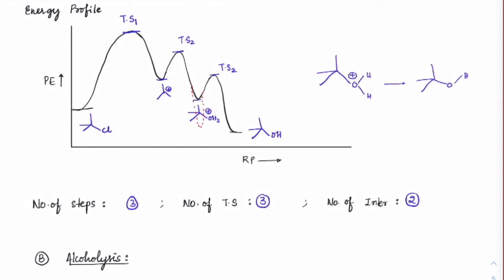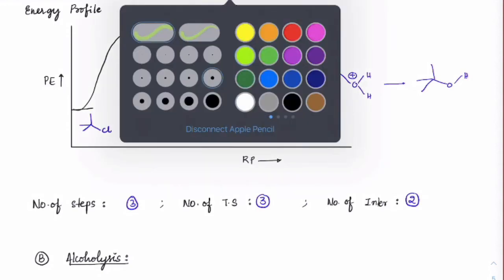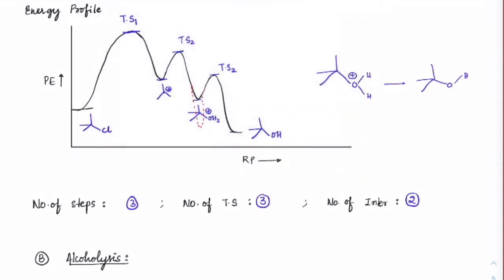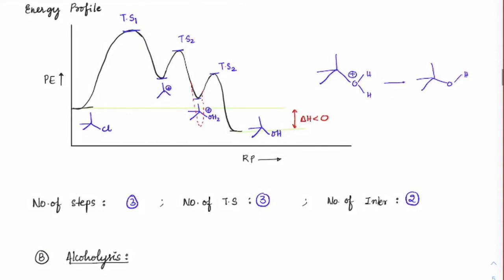But it doesn't matter. All we need to check out is how this reactant and the final product are involved. If you check out between these two, delta H will be negative. Please make a note.